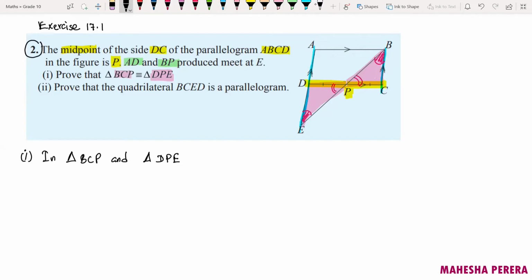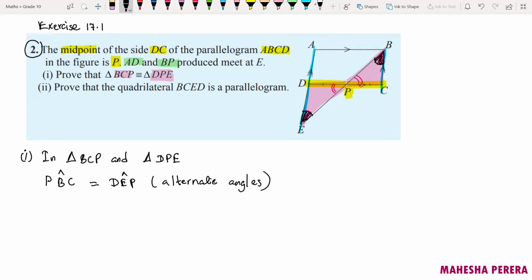First, I'm going to write this angle and this angle, right? First of all, let's take the angle of triangle BCP. So you can say angle PBC, and this one, triangle DEP, right? And these are alternate angles, right?